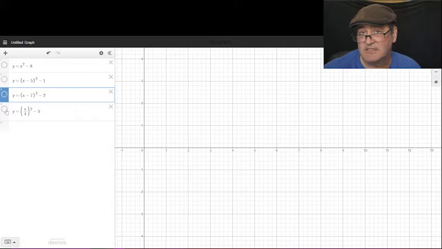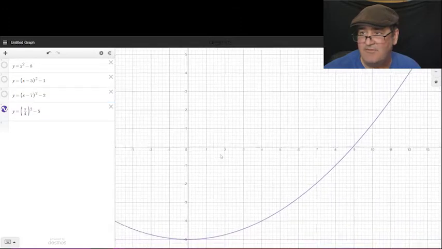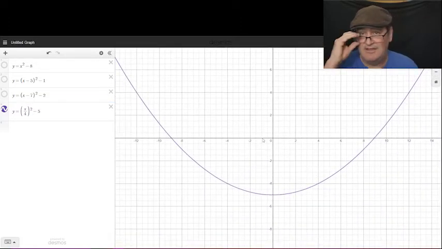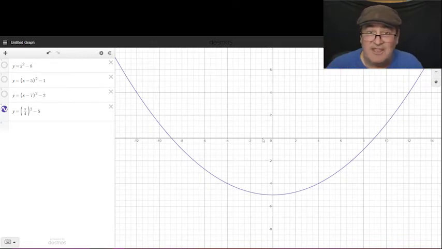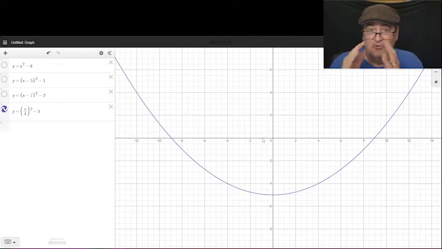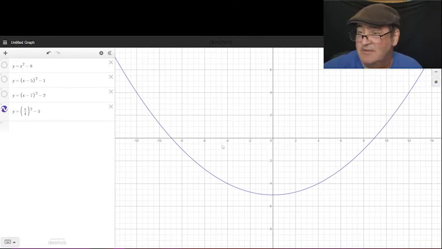Let's try this next one. x divided by 4 squared minus 5. What's that look like? Well, dividing by 4 makes this a really wide quadratic. The x is divided, so it's basically 1/4 x. With the coefficient being less than 1, that widens our quadratic. We looked at that way back in the first quarter of the year, I believe.